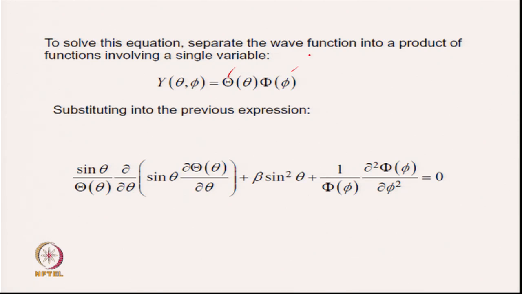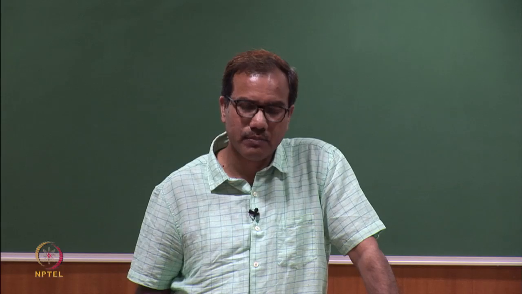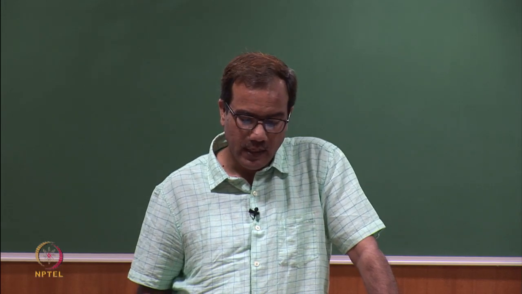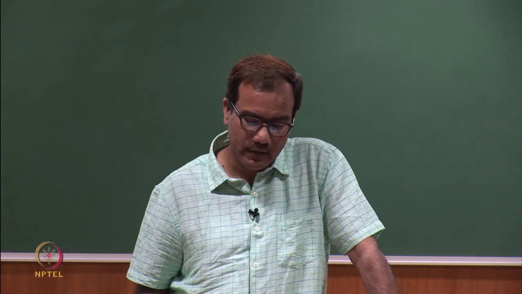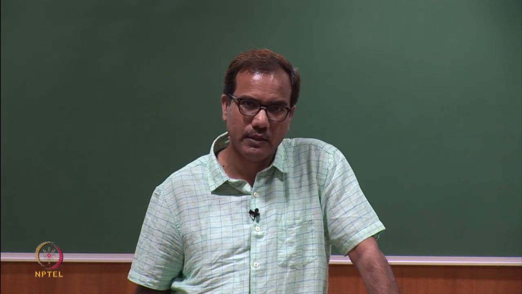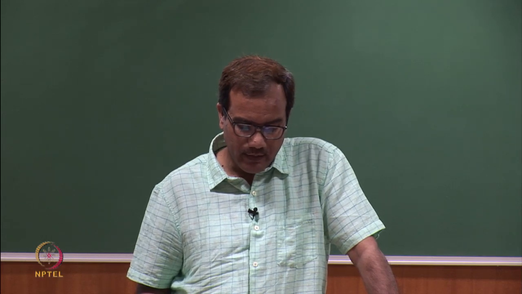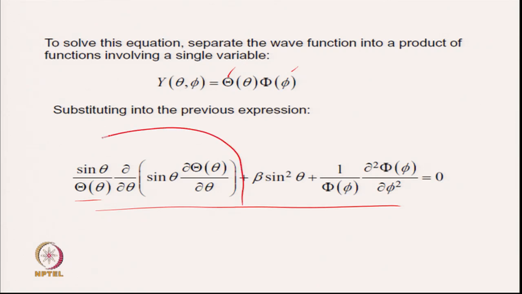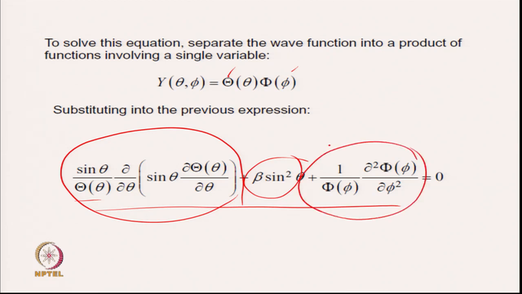So, now we are expressing your spherical harmonics as a function which depends only on theta and a function which depends only on phi. When we put that in, this is totally a function of theta and this is a function of phi.